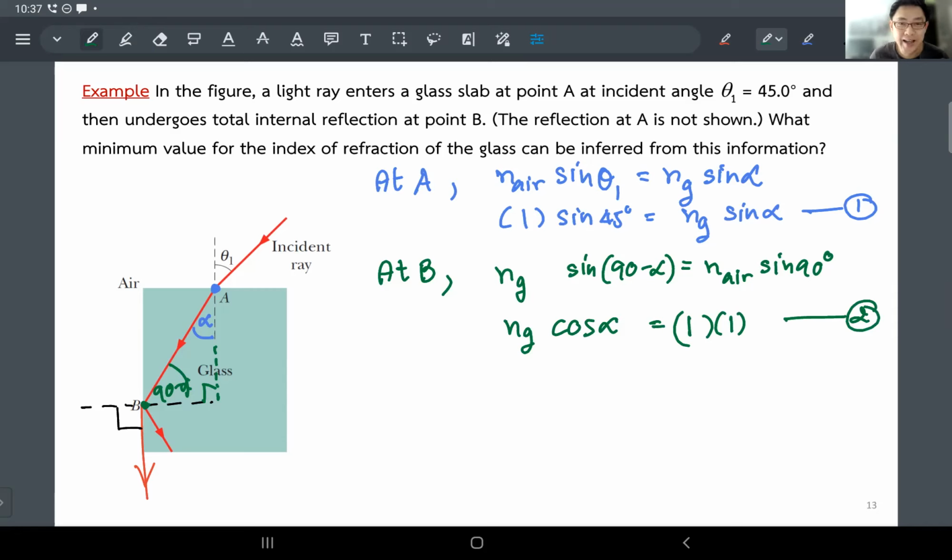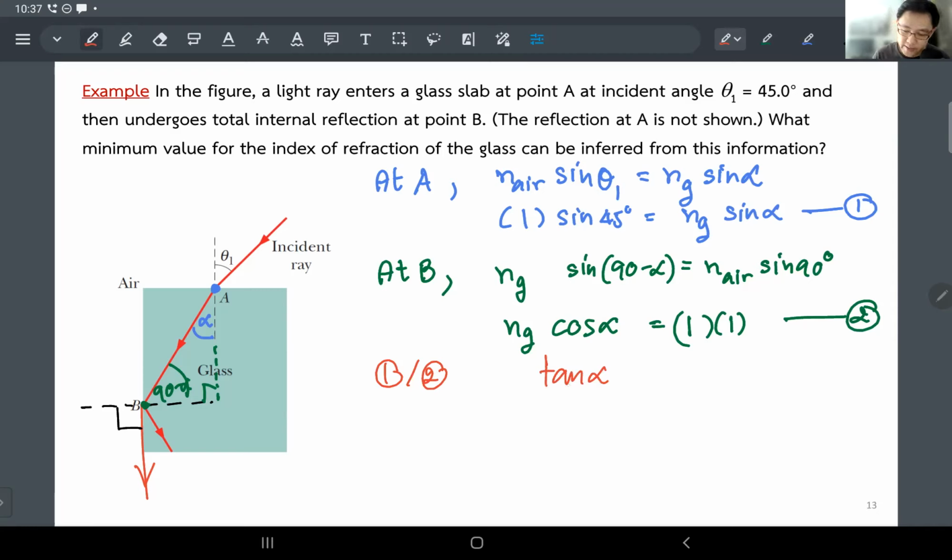There are 2 things that you can do. If you have a calculator nearby, maybe the easiest way is just to take the ratio between these two, so take equation number 1 divided by equation number 2. What you're going to get is tan alpha, because the n glass will cancel each other out.